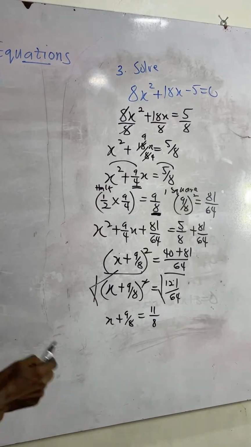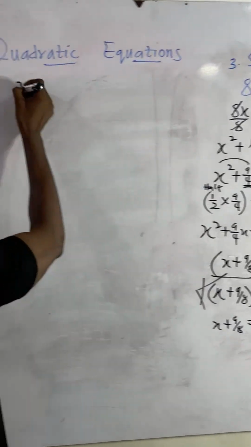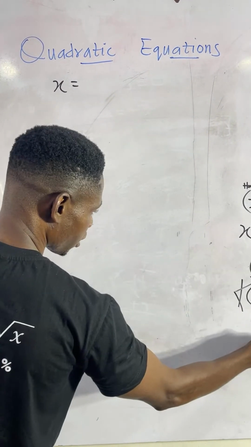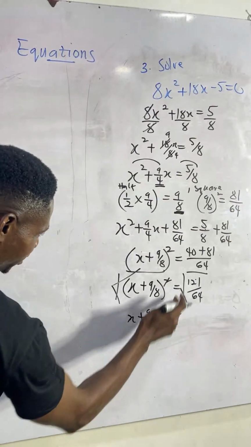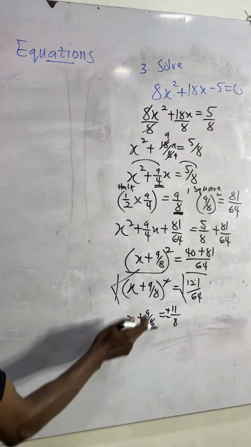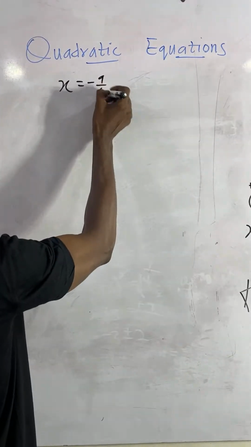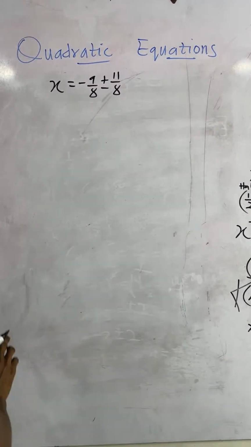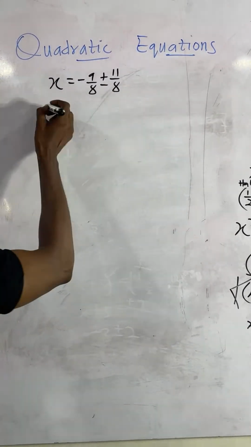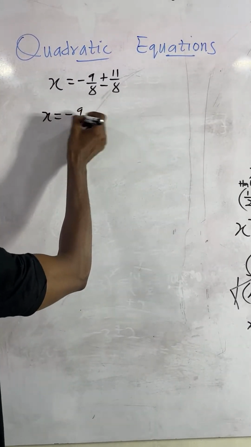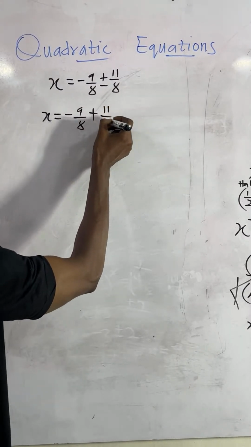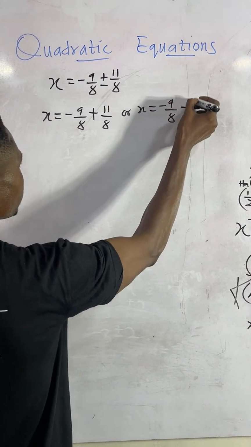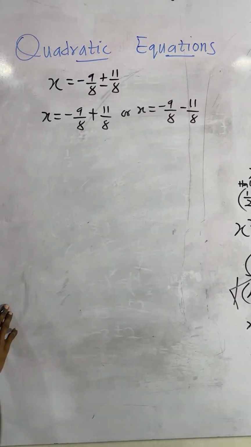Okay, so from here, x equal to the plus 9 over 8 goes to the other side. Sorry, there's a plus or minus here. Plus or minus, yes. So negative 9 over 8 plus or minus 11 over 8. So let's split. So x is either minus 9 over 8 plus 11 over 8, or x equal to minus 9 over 8 minus 11 over 8.